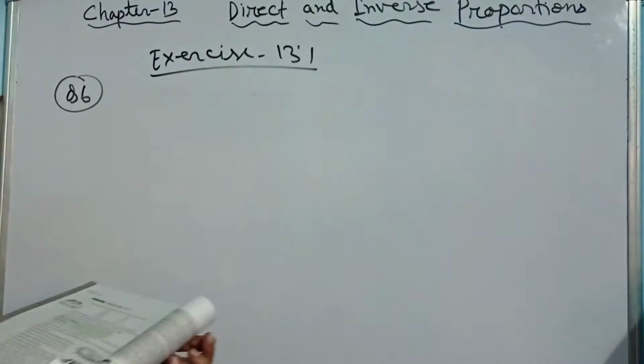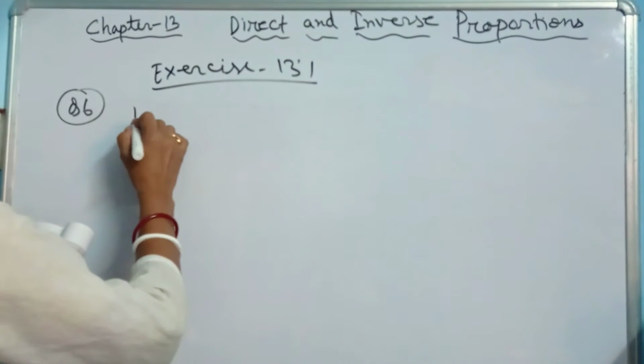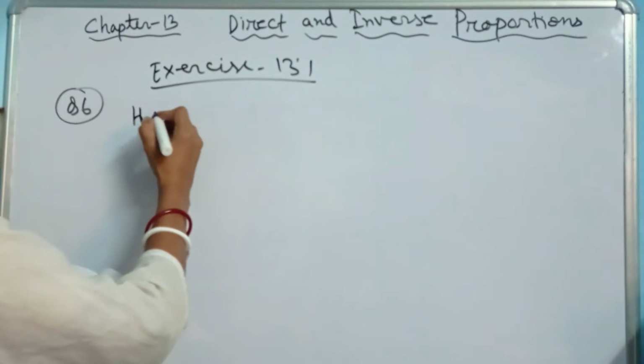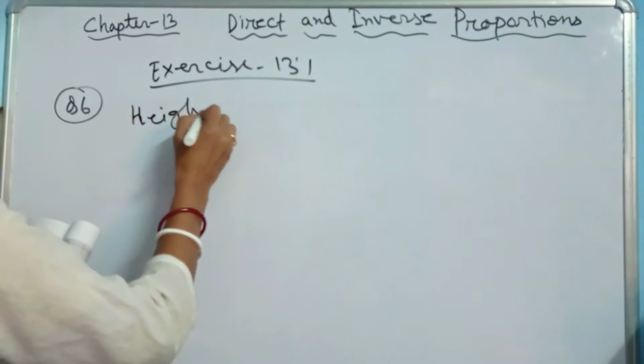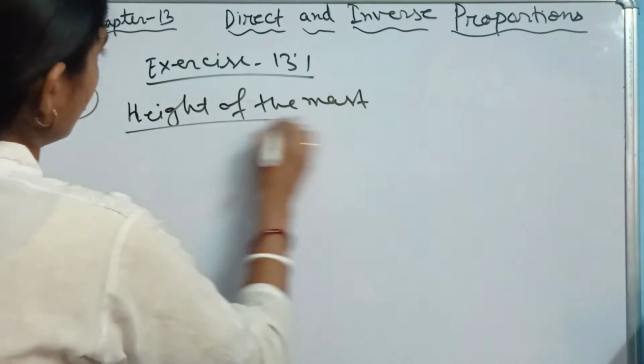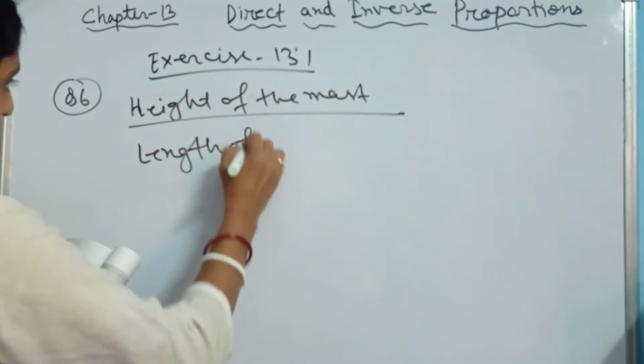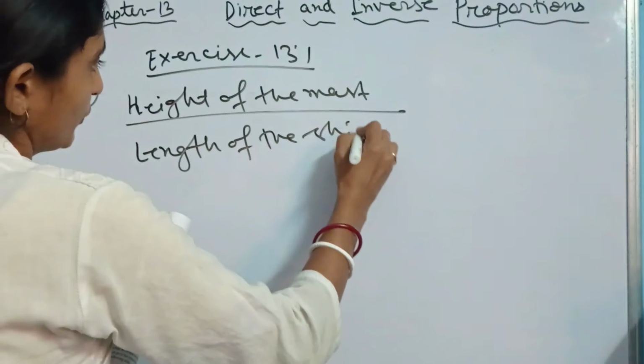So let's present this data. First, I am putting the height of the mast by the length of the ship.